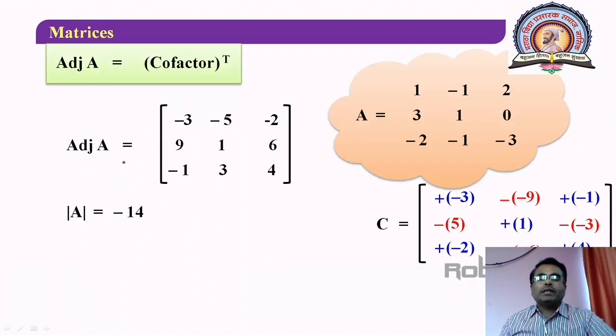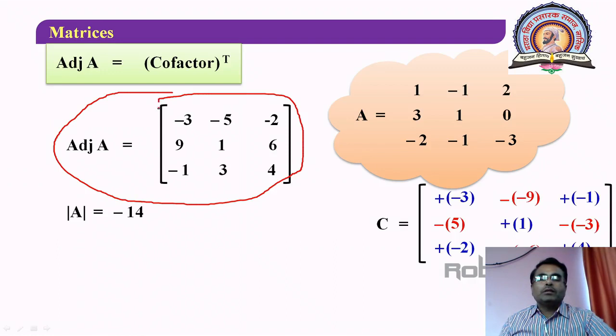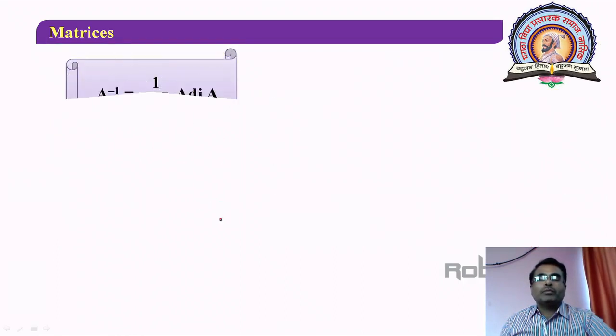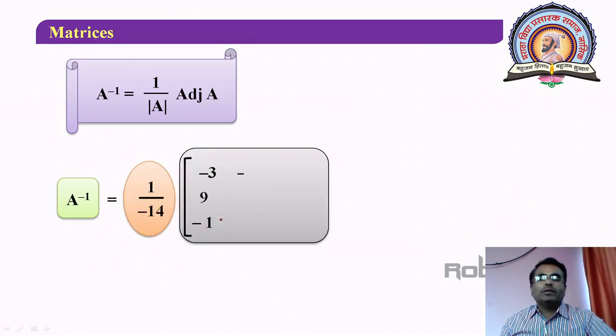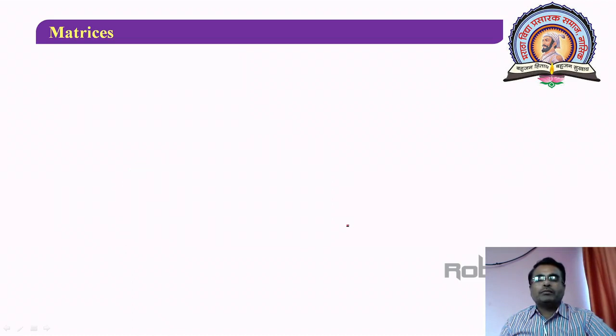We have just seen that this is your adjoint matrix. So, this is divided by minus 14, that is your required inverse of a matrix. So, this is your A inverse, 1 upon minus 14, and this is your adjoint. In this way, you will find inverse of a matrix by using a short trick.